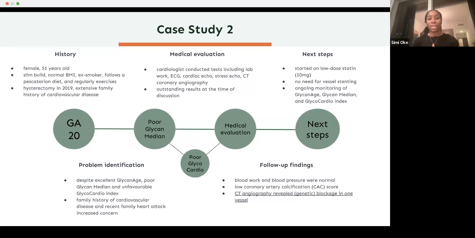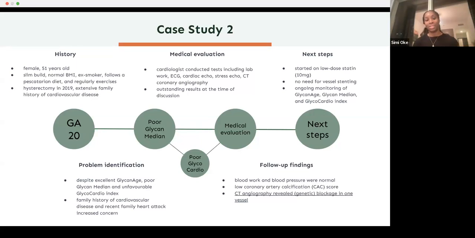And so she was advised to go for further medical evaluation, where they did an ECG, a cardiac echo, and a CT angiogram as well. And actually, she did find that she had a calcification in her coronary artery. And this was something that's genetic, something that's been in the family but hasn't been further investigated.